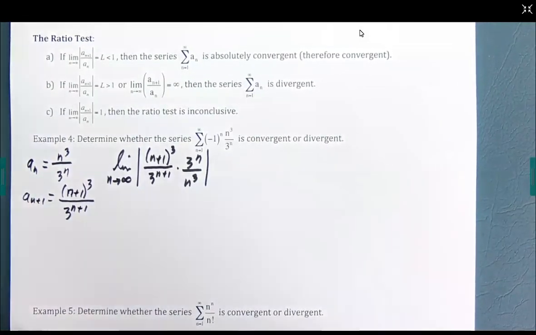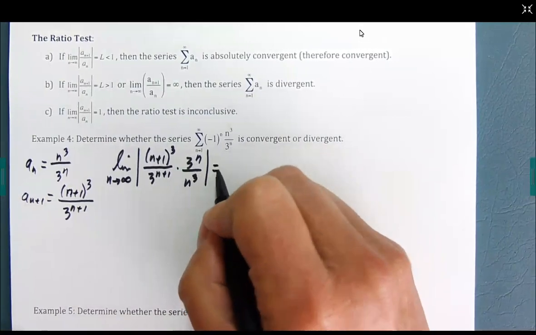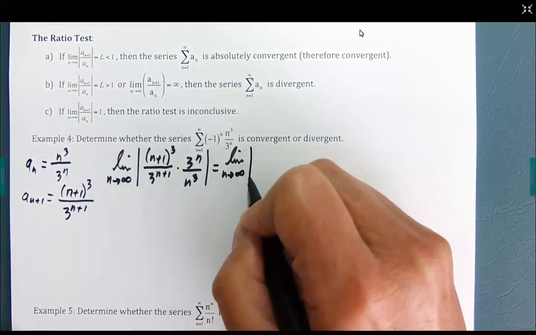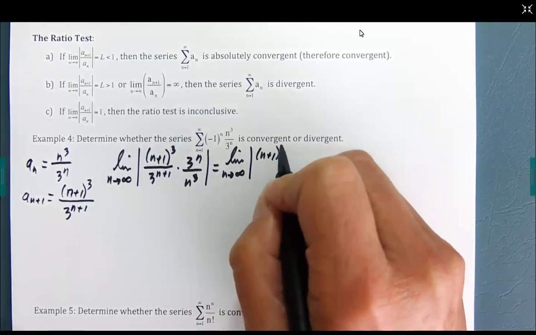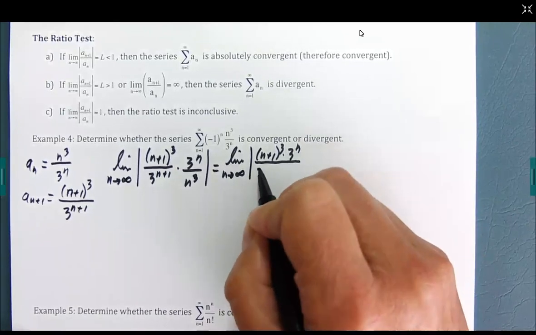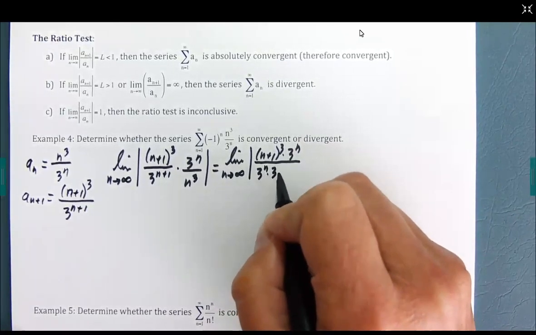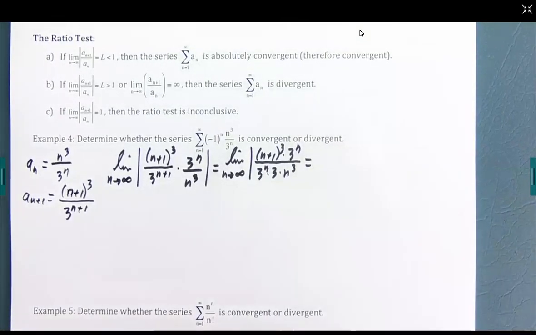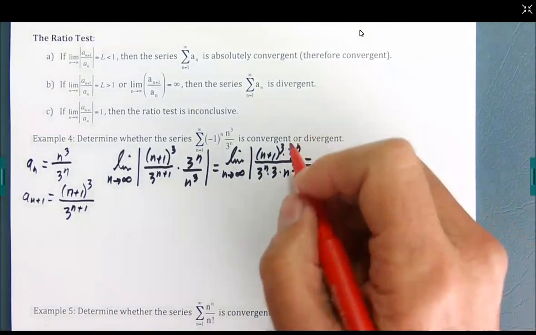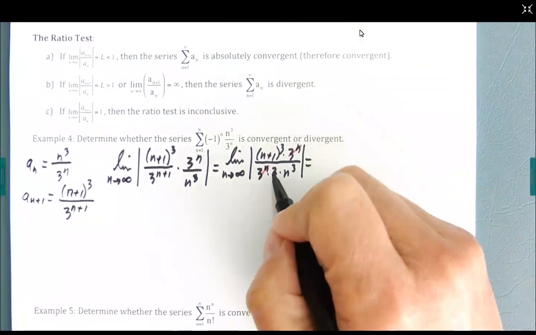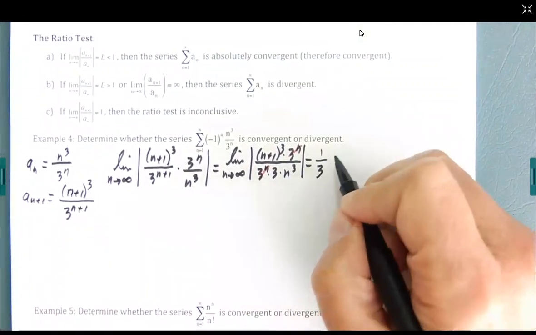And I'm going to go ahead and break that up. And I'm going to note those reduce out very nicely. And not to be forgotten, we have a 1/3 out in front.